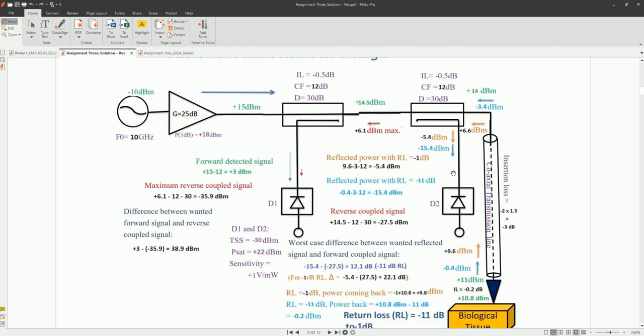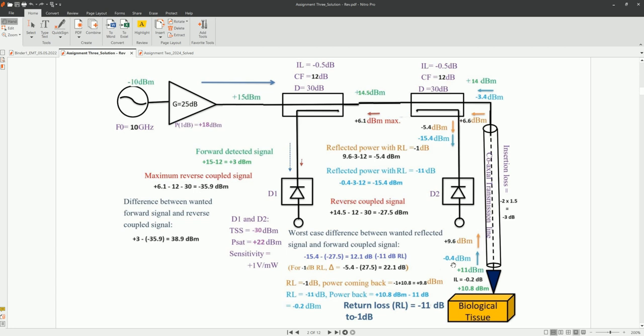Now similarly we will do the calculations for the minus 11 dB. Minus 11 dB plus 10.8 will be minus 0.2 dBm, right? And minus 0.2 dBm, again plus this term of minus 0.2, becomes minus 0.4.